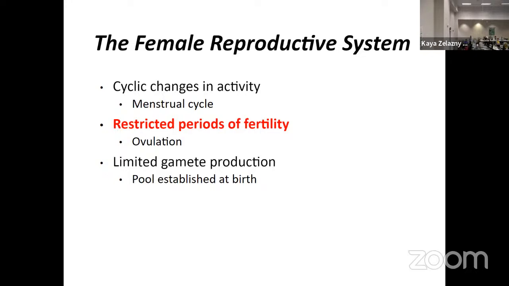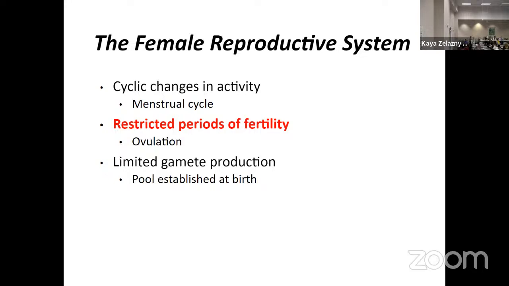So we're going to have cyclical changes in hormones, in what cells are developing, how and why, where they are, what phase they're in. The timing of events is different than in the male system, which produces some really important results in the body. It's also true that this means we are going to end up with restricted periods of fertility in the female reproductive system.